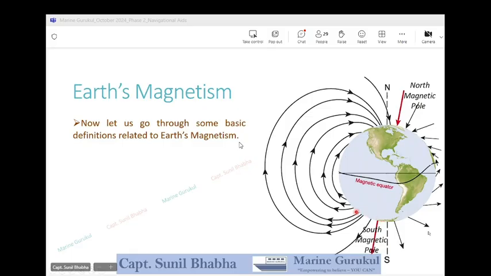And as you can see here also, in the southern hemisphere, anywhere you see the magnetic lines of force are coming out of the Earth's surface. We know the north magnetic pole of the Earth has a blue polarity and all magnetic field lines enter into that blue pole. And you can see everywhere in the northern hemisphere, the magnetic field lines are going into the surface of the Earth.